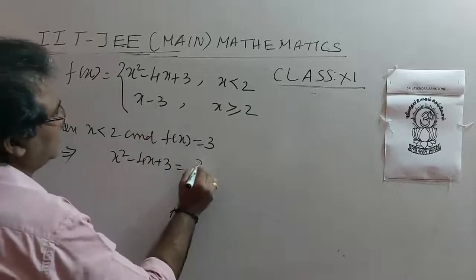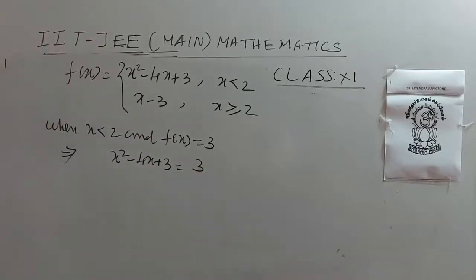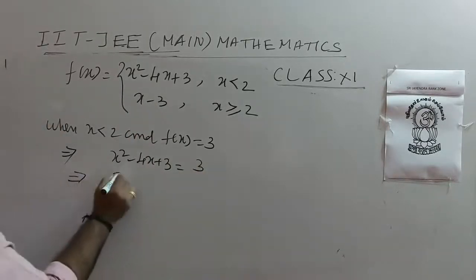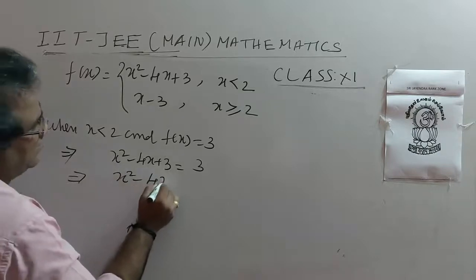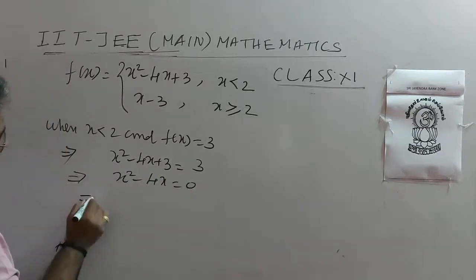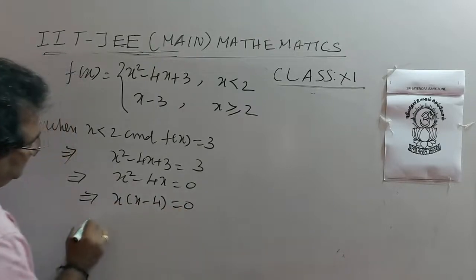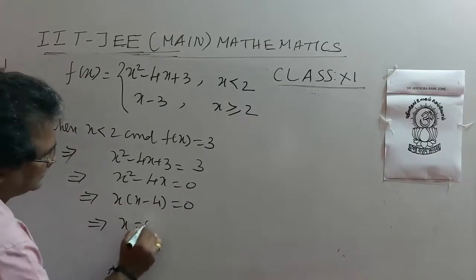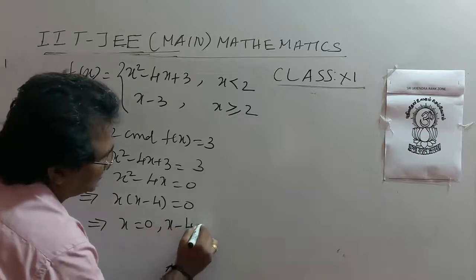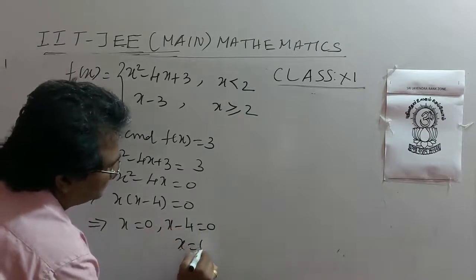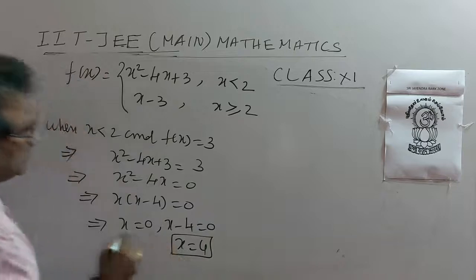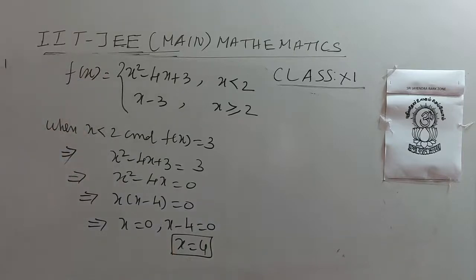This f of x is equal to 3. So x squared minus 4x equal to 0. x into x minus 4 equal to 0. x equal to 0, x minus 4 equal to 0, x equal to 4.